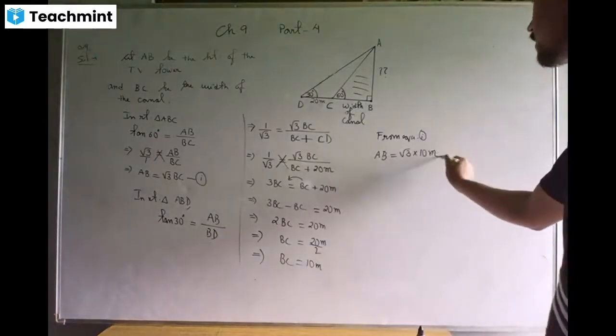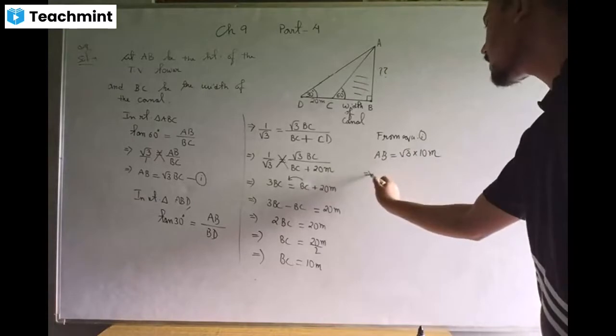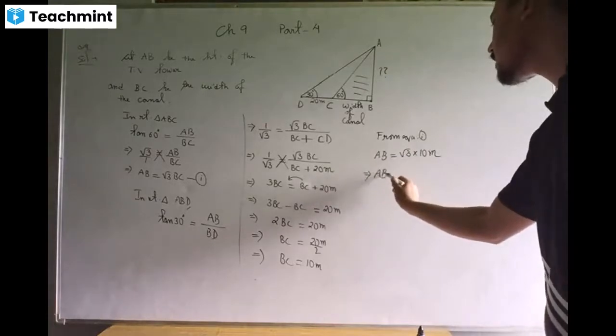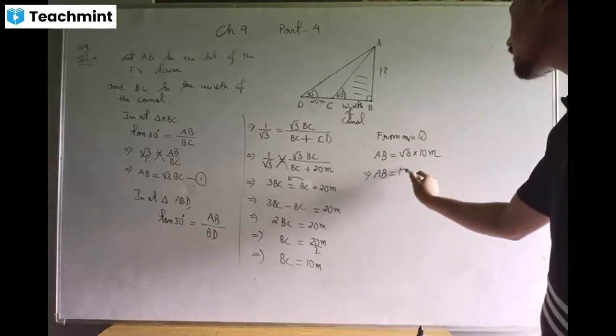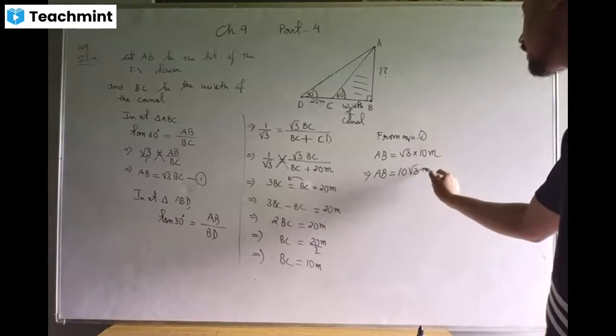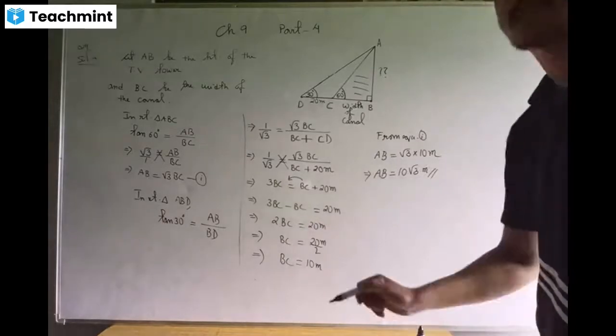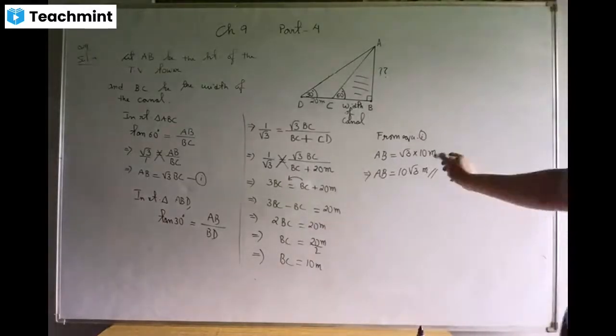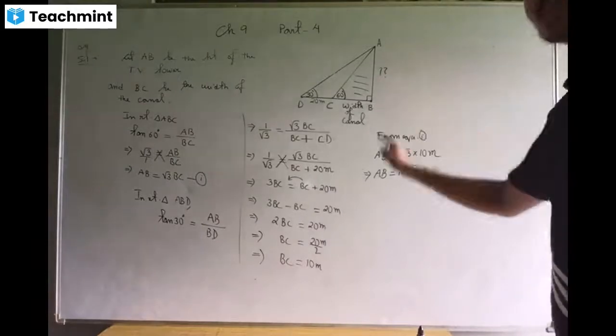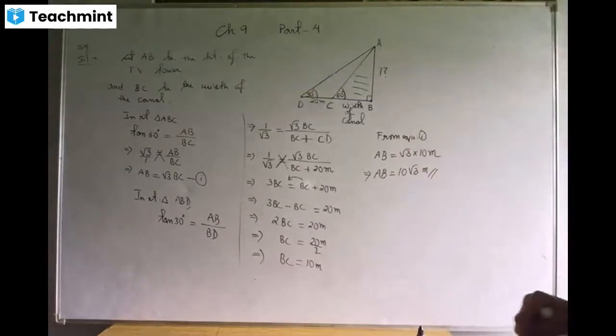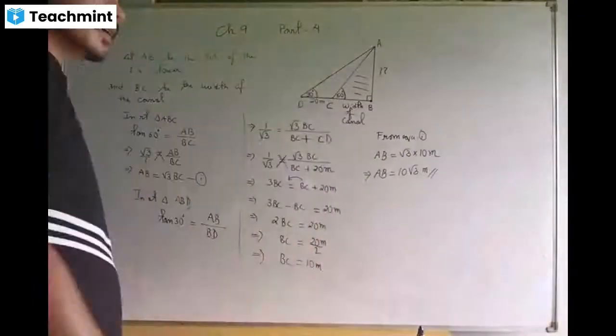BC is 10 meters. This implies AB is equal to 10 times square root of 3, which completes our answer. So we have determined that the height of the TV tower is 10 root 3 meters and the width of the canal is 10 meters.